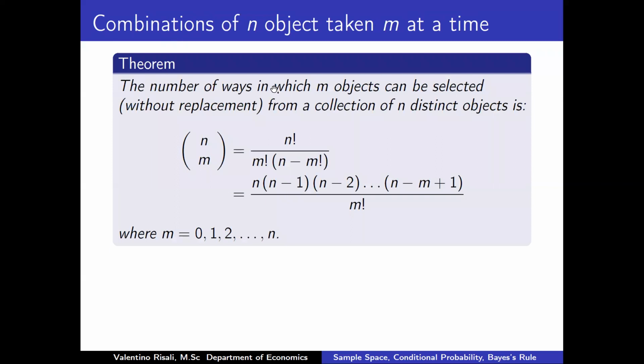We use this formula: the number of ways in which m objects can be selected, without replacement, from a collection of n distinct objects is n combination m, that is n factorial divided by m factorial times, I made a mistake here, it should be n minus m factorial. I'm sorry. And we can simplify the formula to this form.